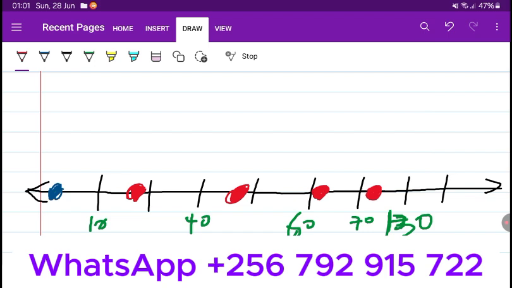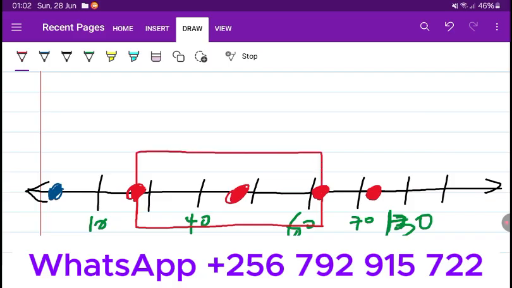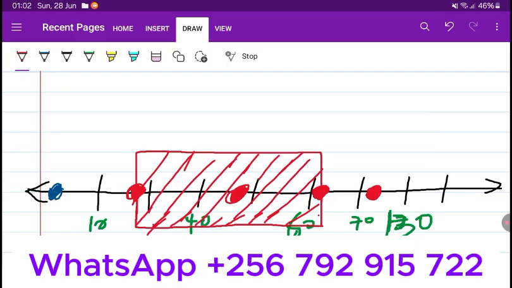Now we draw a box from the lower quartile to the upper quartile. That's how it will be. So I can shade the inner part. Then of course I draw the whiskers. We said the whiskers move from the minimum entry and touch the box.